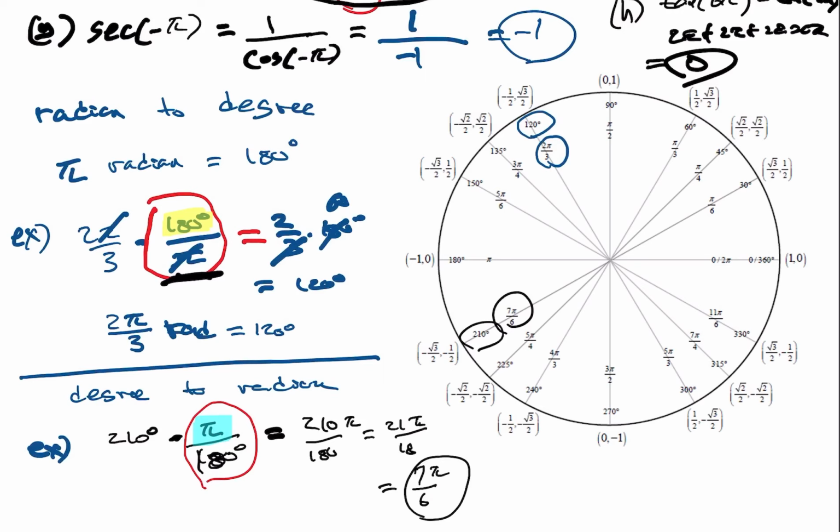This can also be used to draw a unit circle, because it is somewhat easier to recognize the pattern of angles in a unit circle if we're in degrees. 30, 45, 60. First we increase by 30, 15, 15, 30. 30, 15, 15, 30.